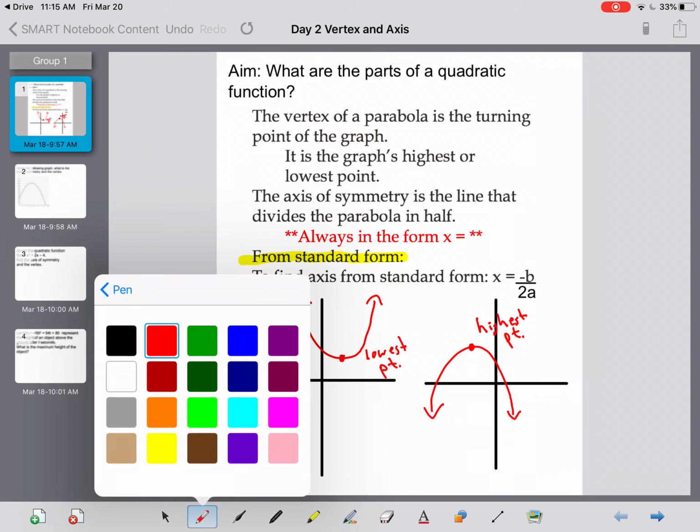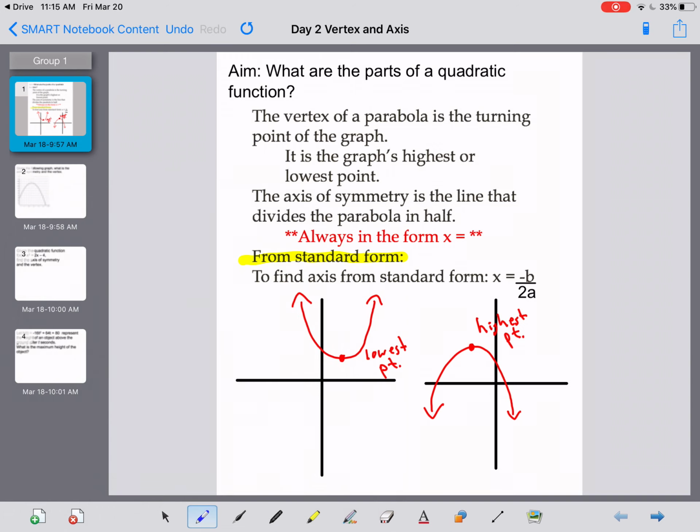Now the axis of symmetry divides the parabola in half, and it always cuts through where your vertex is. So in this parabola, this blue line would be my axis of symmetry because it cuts right through the vertex and it divides my parabola in half.